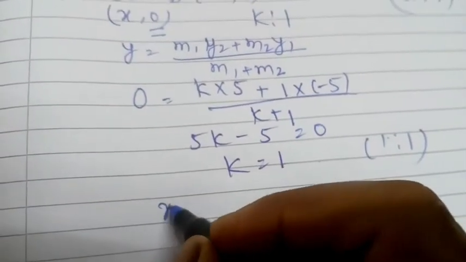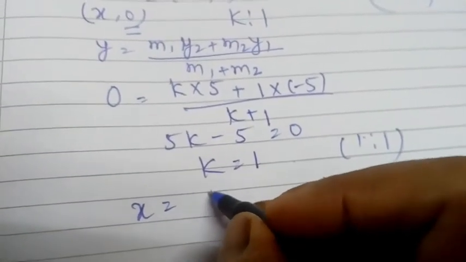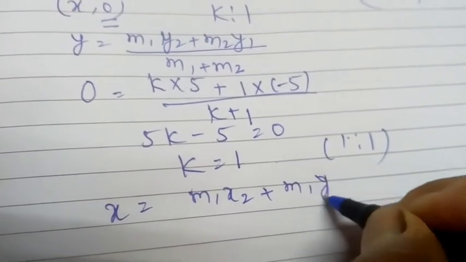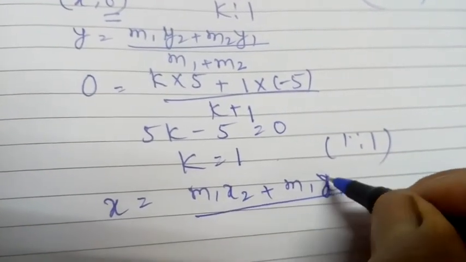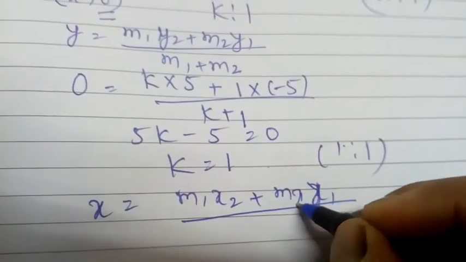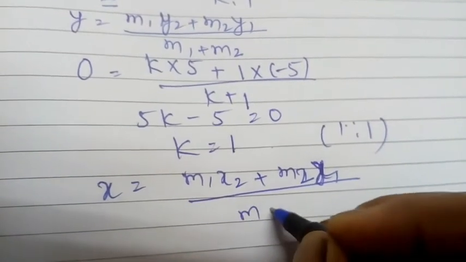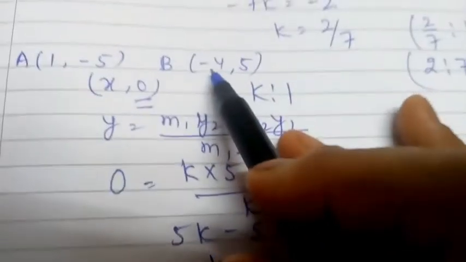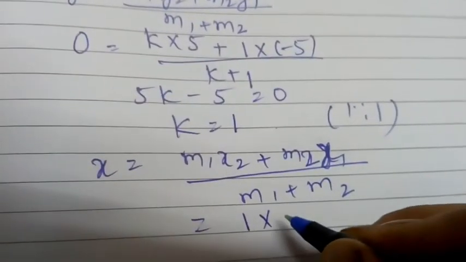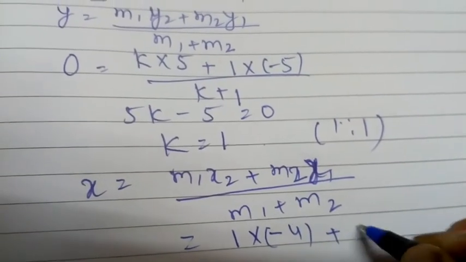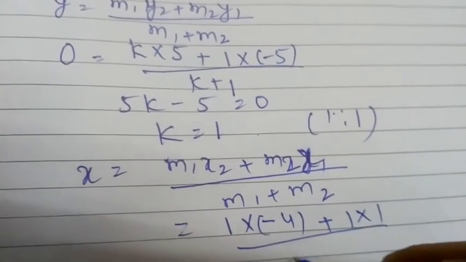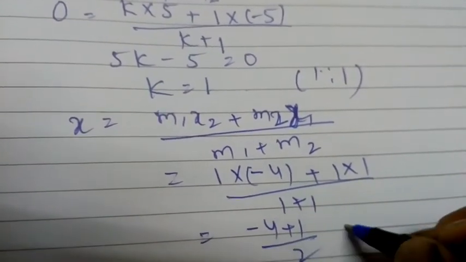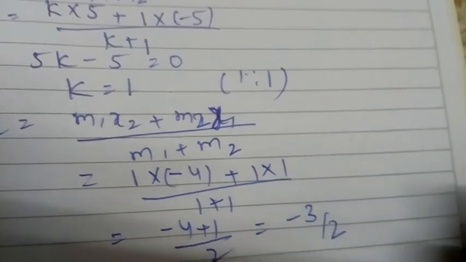Now we have to find x: (m1 x2 plus m2 x1) by (m1 plus m2). m1 is 1, x2 is -4, m2 is 1, x1 is 1, so (-4 plus 1) by 2, it means -3 by 2, and the y coordinate is 0.